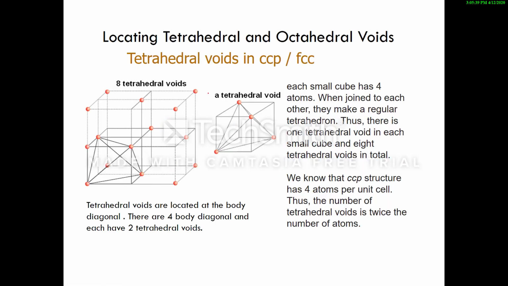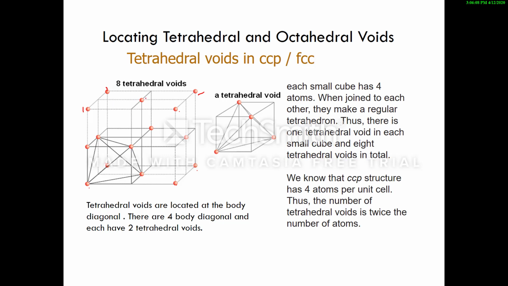Now what is the position of these tetrahedral voids and octahedral voids in the CCP or FCC structures? Now just see, if we consider this is the FCC. FCC means at the corner, all the corners are occupied. This is 1 2 3, this is 4, this is 5, this is 6, this is 7, and this one is 8, and this one is face center.